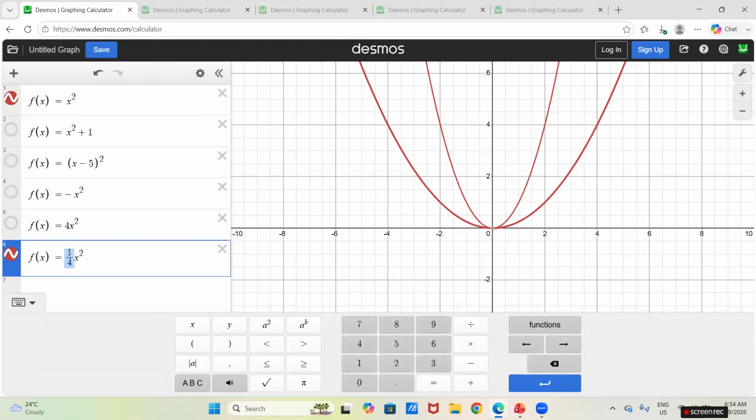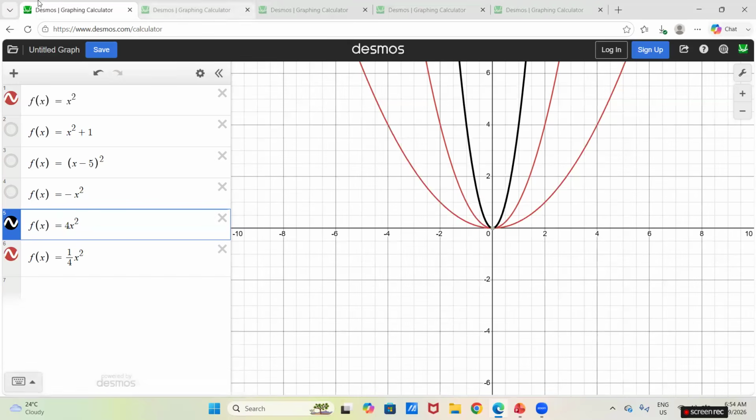It should be a proper fraction. If you put an a greater than 1, then there is a vertical stretch. A vertical compression would mean a wider graph. So the graph becomes wider when there is a vertical compression, and the graph becomes taller and narrower when there is a vertical stretch.